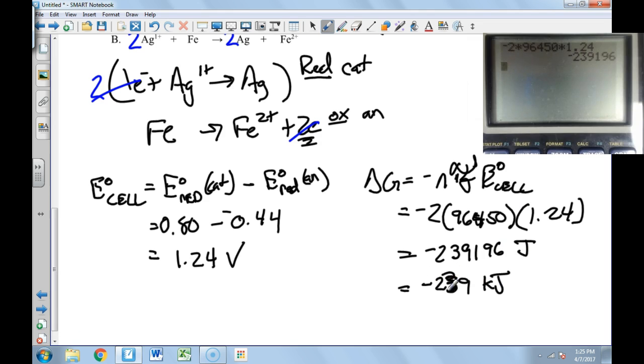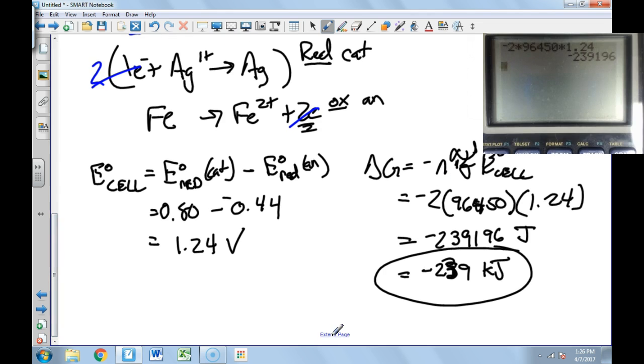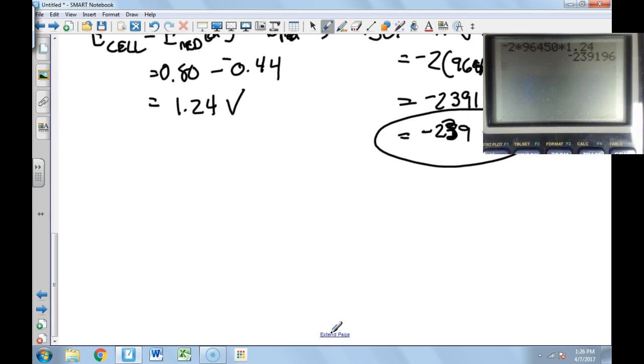That's negative 239 kilojoules, great. And we know that's right because a positive cell potential means it's spontaneous, and a negative delta G means it's spontaneous.